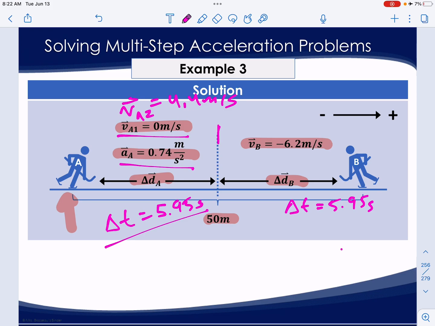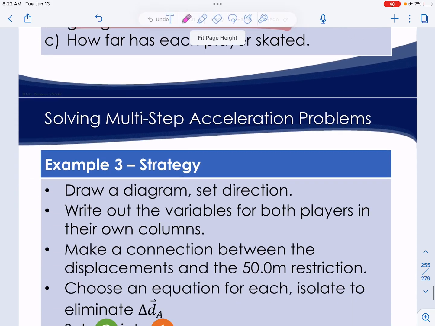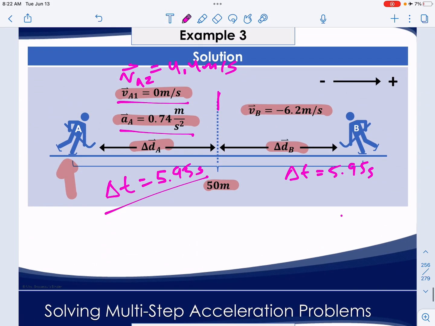And so now the last part is how far has each player skated? So now we want to know how far they've skated. So we want to know delta dA, and we want to know delta dB.